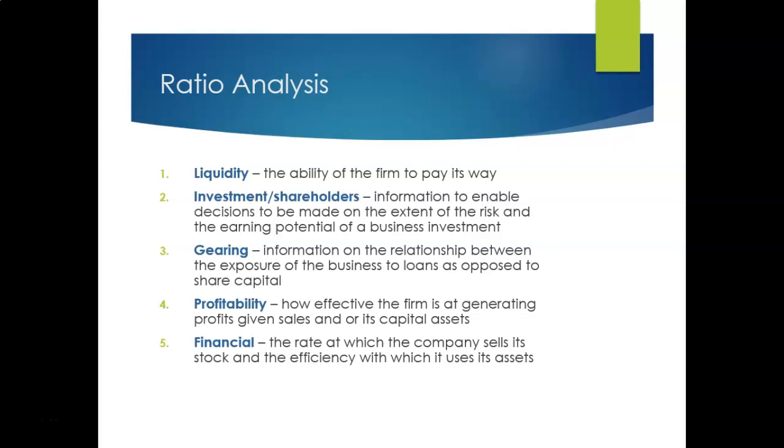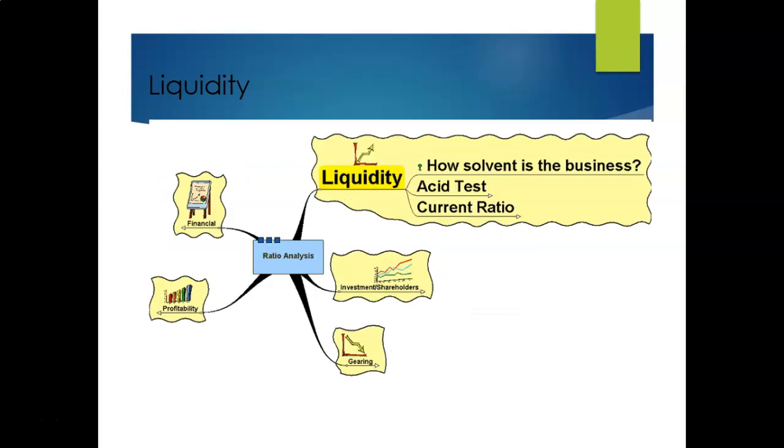Investment and shareholders information means to enable decision making. Gearing ratio means the relationship between the exposure of the business to loan. Profitability means how effectively the firm is performing. And financial ratio means the rate at which the company sells its stock and the efficiency with which it uses its assets.